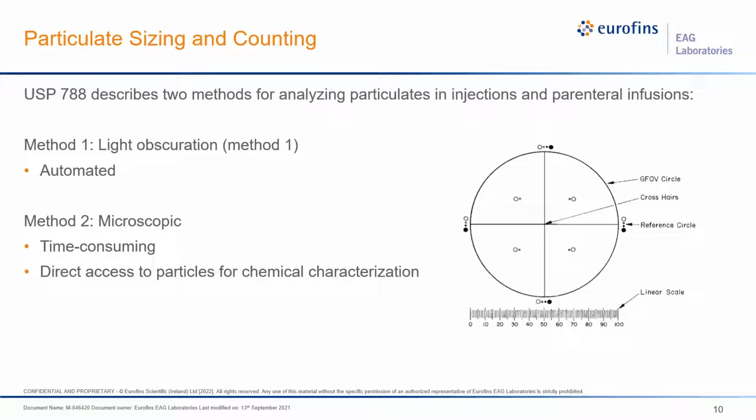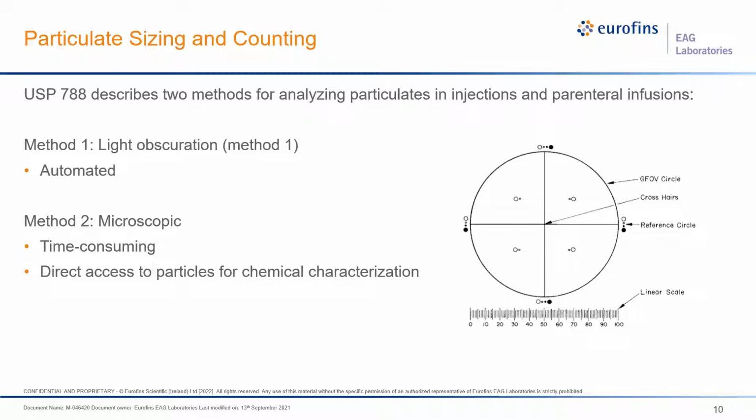How that works is you have particles in solution, and you compare that solution to a standard solution. The standard solution will contain 10 micron particles and 25 micron particles as well. By comparison, you can tell the size, the size distribution, and also the number of particles, the particle density. The second method, we call the microscopic method, where a similar solution with the particles in it goes through a filter.